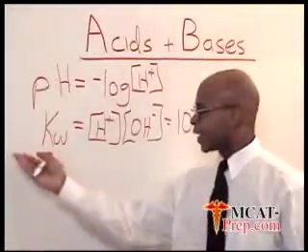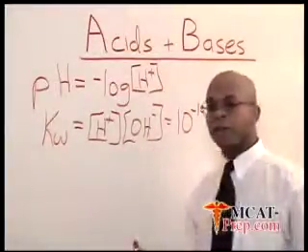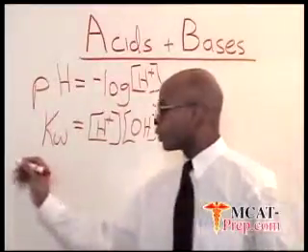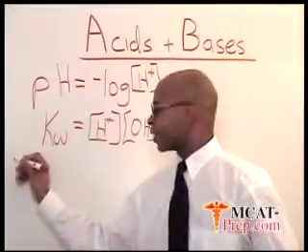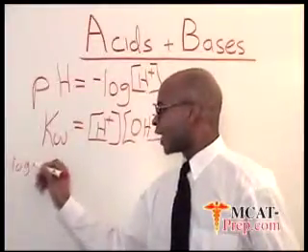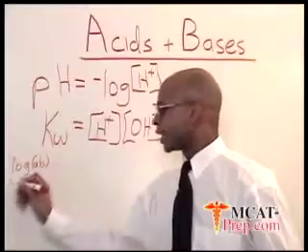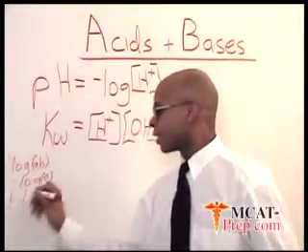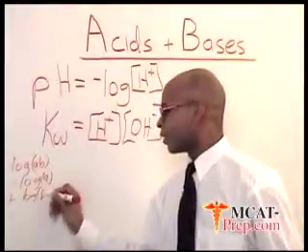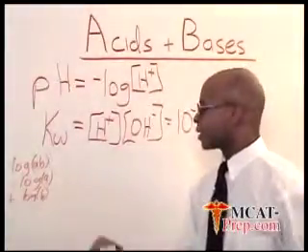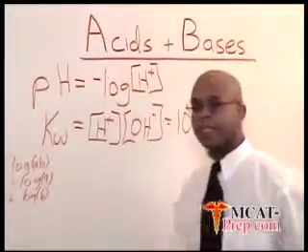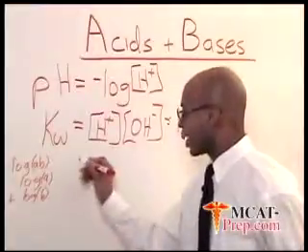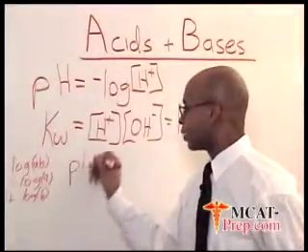If you were to take the negative log of all these terms, remembering that one of the rules of logarithms is that the logarithm of A times B is equal to the logarithm of A plus the logarithm of B. Remembering this and taking the negative log of each of these terms, we get negative log of Kw, which is defined as pKw.